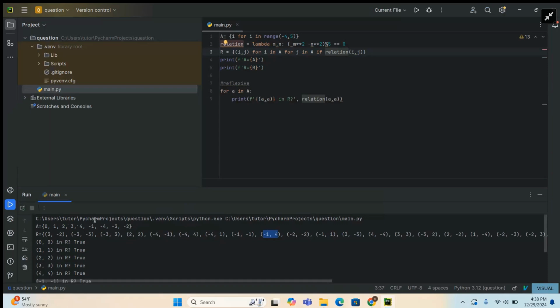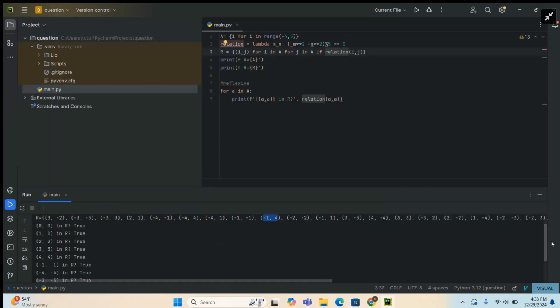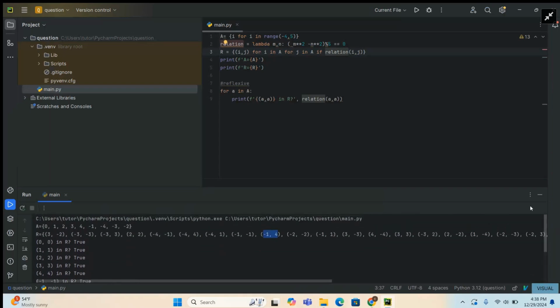We do check all of them here, but we could also just think: 1 squared minus 1 squared is 0, 2 squared minus 2 squared is 0, x squared minus x squared is 0. 0 is divisible by 5, and that's what it takes to be in R, so it's got to be true.